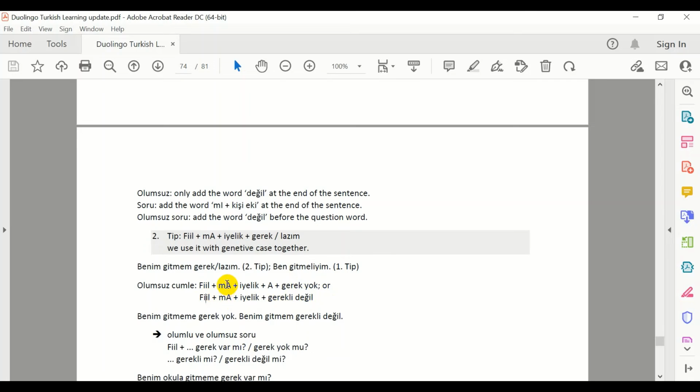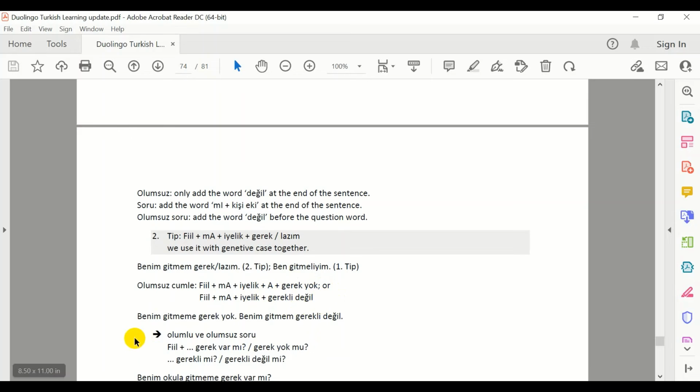Verb, ma or me, personal ending, and instead of gerek yok, you can use gerekli değil. Both structures are correct and both convey the same idea.